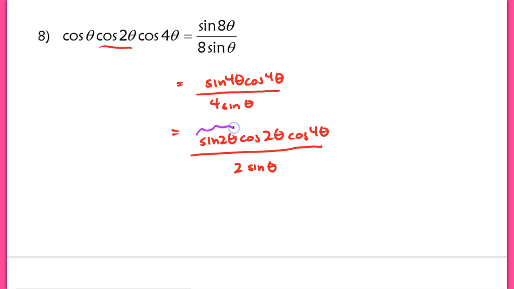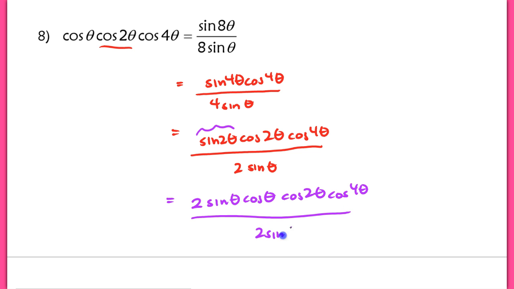I don't want to see a sine 2 theta anymore, so I'll use a double angle formula here and write that as 2 sine theta cosine theta times cosine 2 theta times cosine 4 theta all over 2 sine theta. And what's nice about that is that the 2's will cancel, the sines will cancel, and it'll leave me with cosine theta times the cosine of 2 theta times the cosine of 4 theta, which is exactly what I was trying to show.